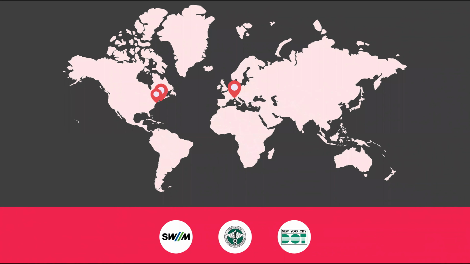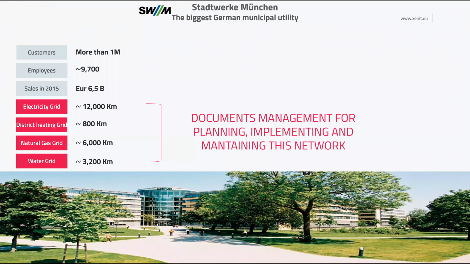So we will talk about two cases, City of New York and Stadtwerke München. Stadtwerke München is the biggest German municipal utility. They are responsible for the distribution of gas, water and electricity and some more things.